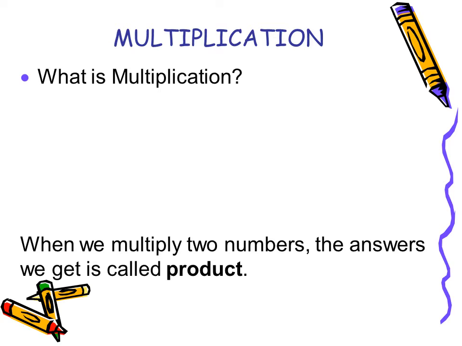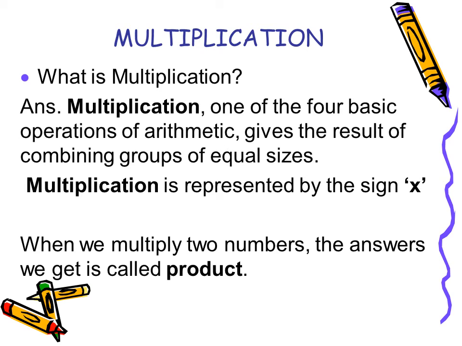So the foremost question which arises is, what is multiplication? Multiplication is one of the 4 basic operations of arithmetic. And what are arithmetic operations? Arithmetic operations are addition, subtraction, multiplication and division. So for now, students, you have learned addition, 2 digit, single digit, vertical and horizontal.